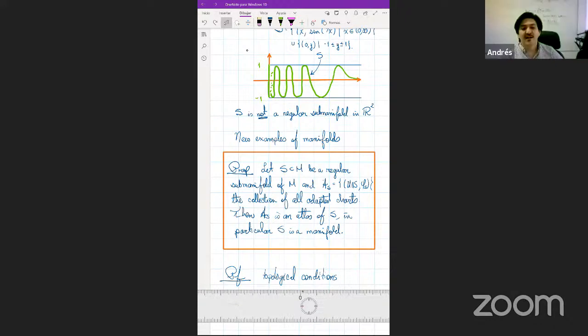What are the topological conditions on a space to be a manifold? Second countable, Hausdorff and locally Euclidean. Right.